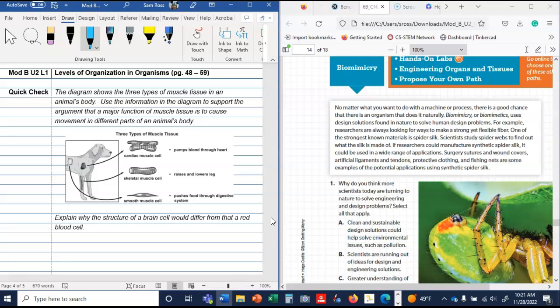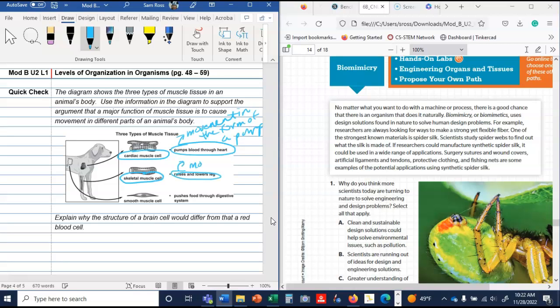Okay, so we have the cardiac muscle here that pumps blood through the heart. So that's movement, movement in the form of a pump. The skeletal muscle cell, which is going to be your actual muscles attached to your bones, raises and lowers the leg.